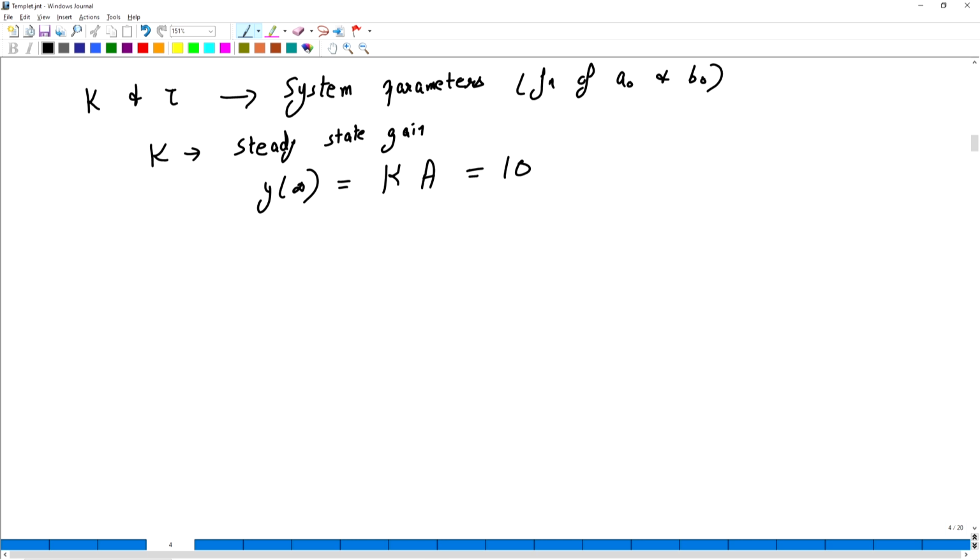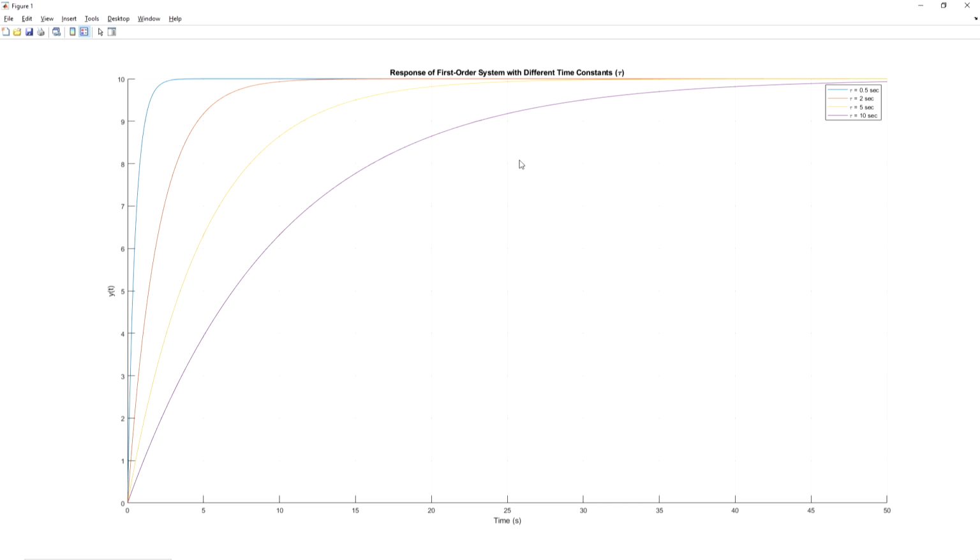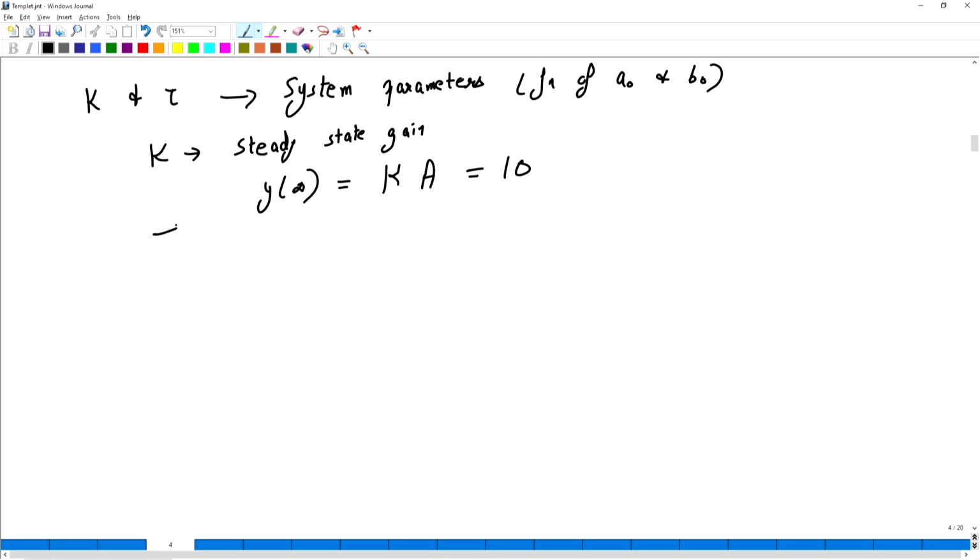There is a noticeable difference in the amount of time required for the response to reach y infinity equals 10. So we can call this tau parameter the time constant of the first order system.